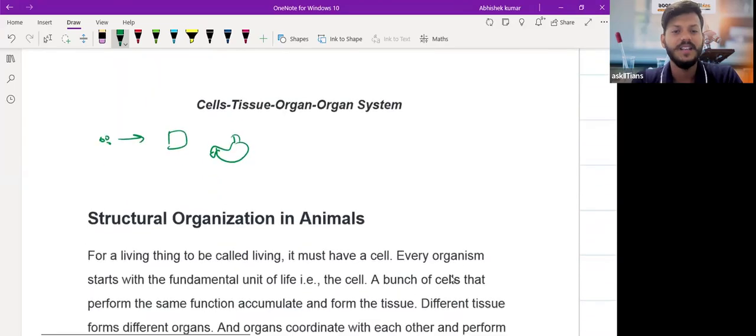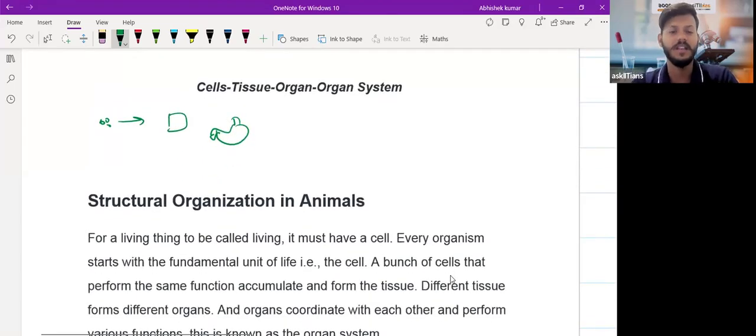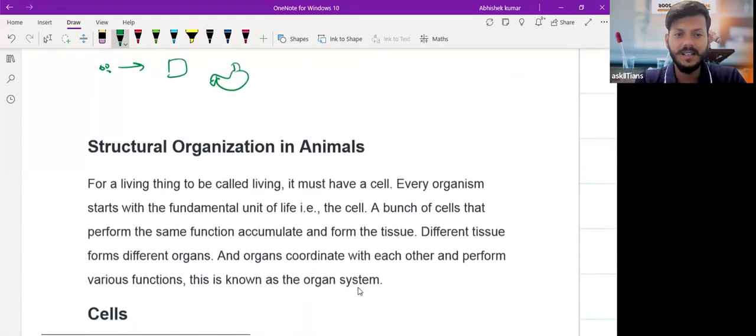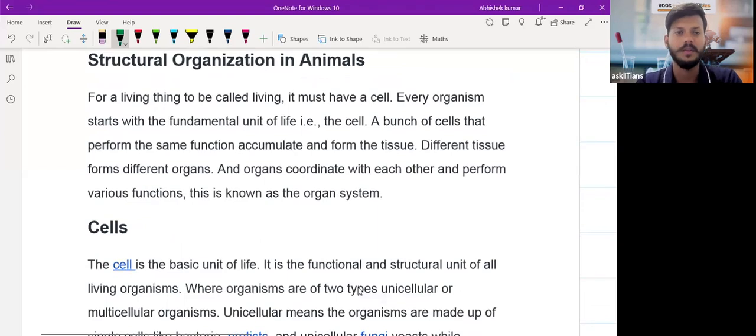Then we have structural organization in animals. Let's see what is written here, then we will proceed further into the chapter. For a living thing to be called living, it must have a cell, because a cell is living, and a group of cells forms tissues. Every organism starts with a fundamental unit of life called the cell.